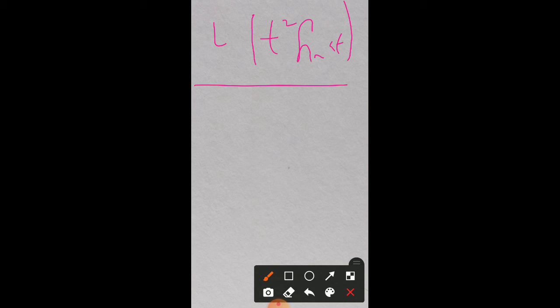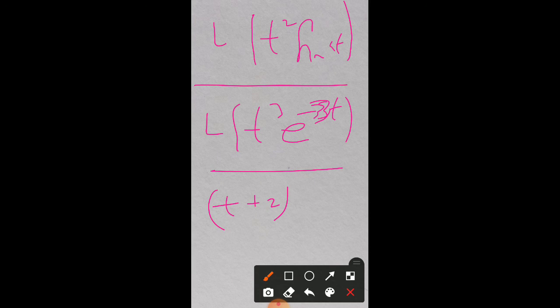Next, find the Laplace transform of t cube e raised to power minus thrice t. Next, find the Laplace transform of t plus 2 whole square e raised to power t.